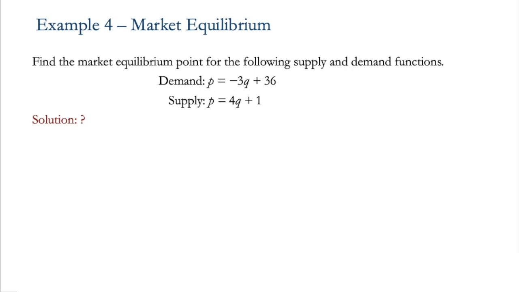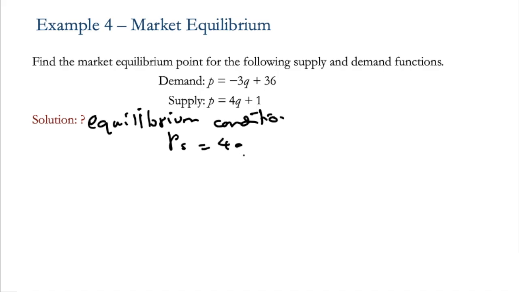So here this one is P demand, P supply, and the equilibrium condition is what? PS equals 4Q plus 1, and PD equals minus 3Q plus 36.